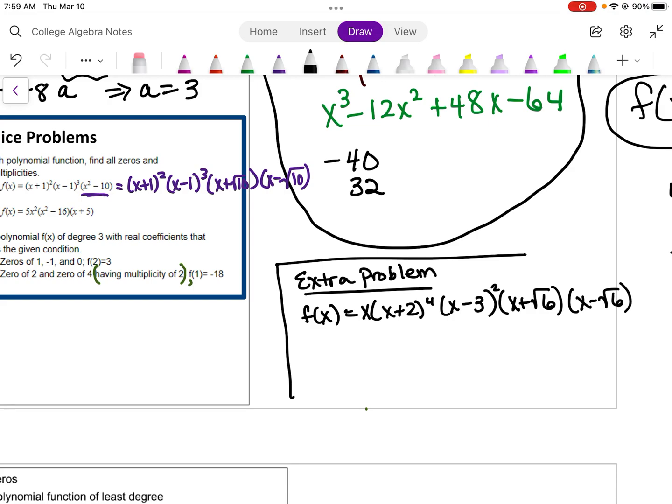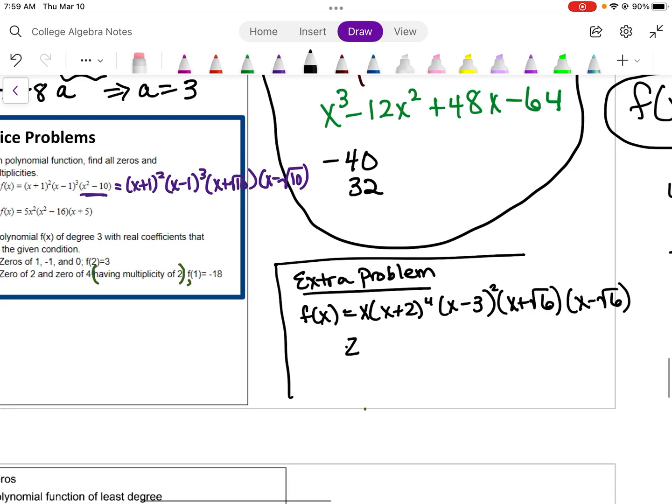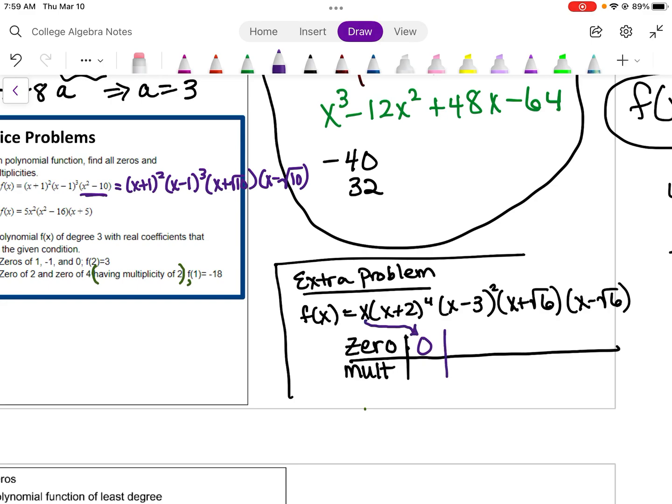All right, if I set each factor equal to 0, I will have, let's see, I'm going to even make a table. So this will be a two-row table, I guess I should say. Okay, multiplicity. So if I just have x hanging out front, that's a 0 of 0.